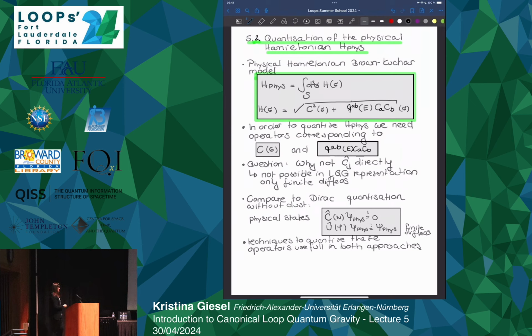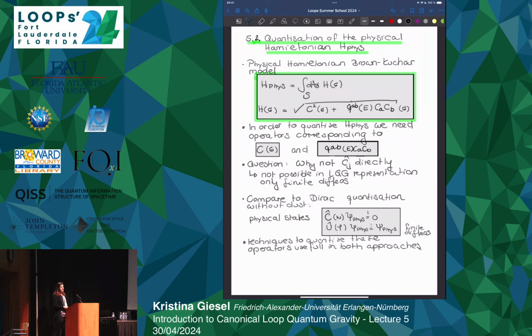Let's just, for one moment, go back to Dirac quantization. There we would need to require that the Hamiltonian constraint annihilates physical states and that the finite diffeomorphisms leave the physical states invariant. Now, let's say this is LQG without dust, then this Hamiltonian constraint would be exactly this expression, which I also need to quantize here.